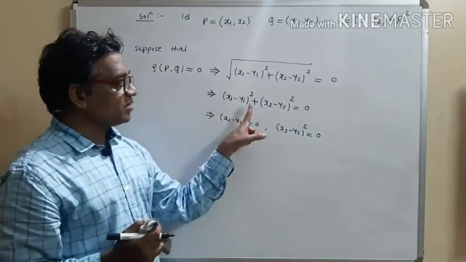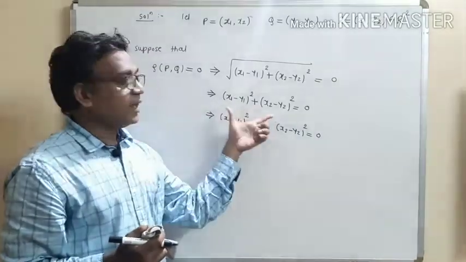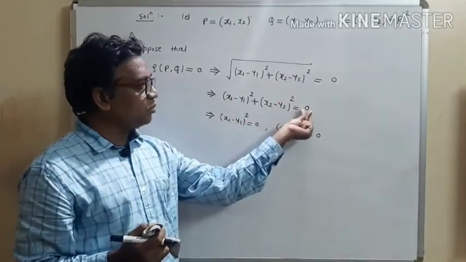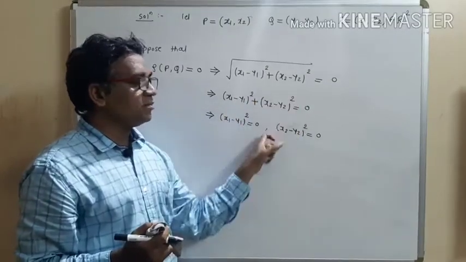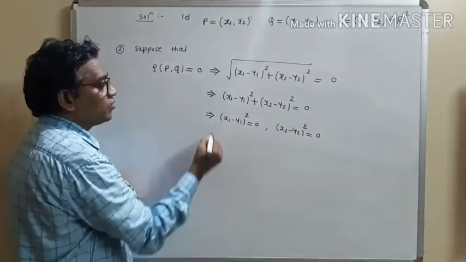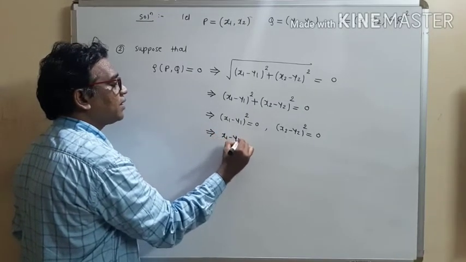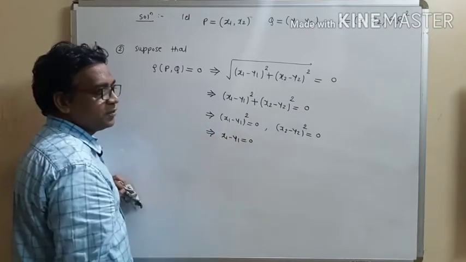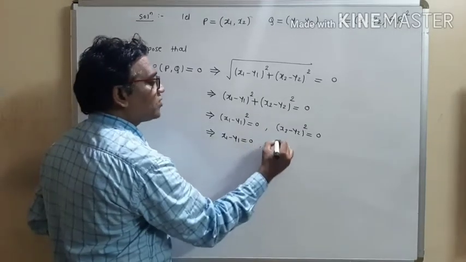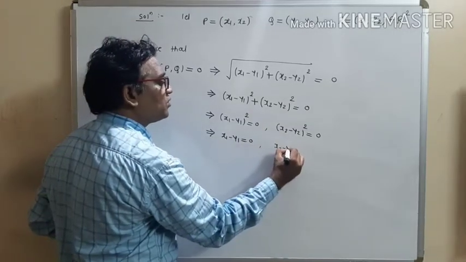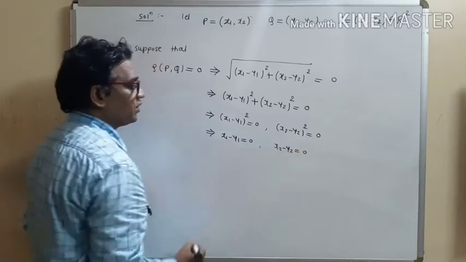So (x1 minus y1) bracket square equal to 0 will mean that x1 minus y1 equal to 0. (x2 minus y2) bracket square equal to 0 means x2 minus y2 equal to 0.